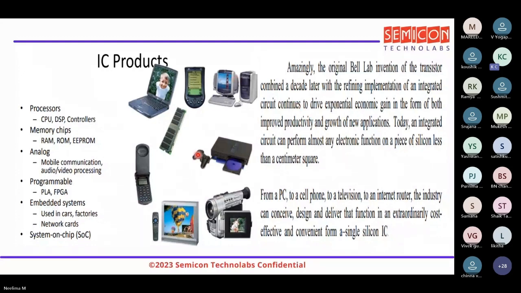Now you might have understood why the VLSI market is so huge, because n number of products are depending on VLSI chips. And obviously the overall economic gain through VLSI is huge, in the form of both improved productivity and growth of new applications.